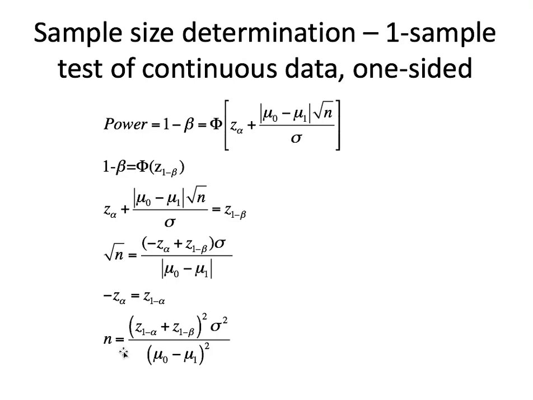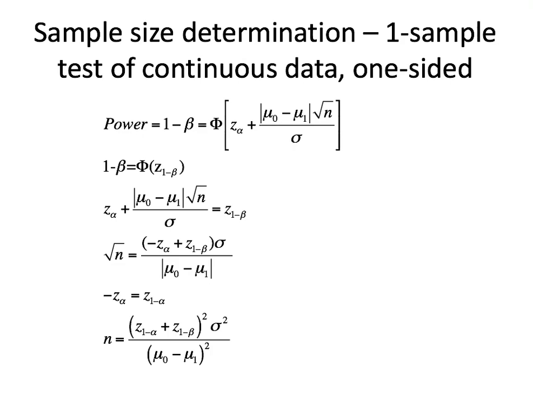Then we can find that n is equal to this expression now. And so we can figure out, if we have a certain power, which is 1 minus beta, right? What sample size do we need? Okay, so that's a one sample test of continuous data that's one-sided.